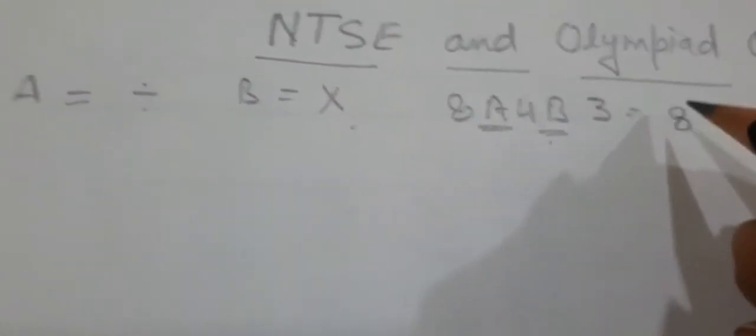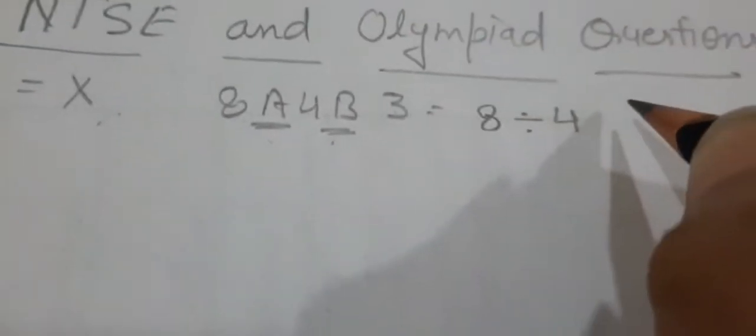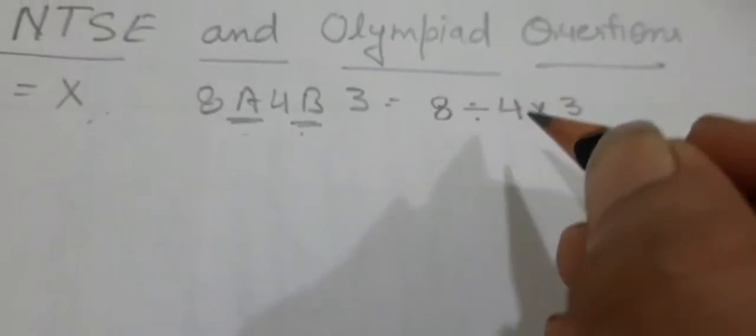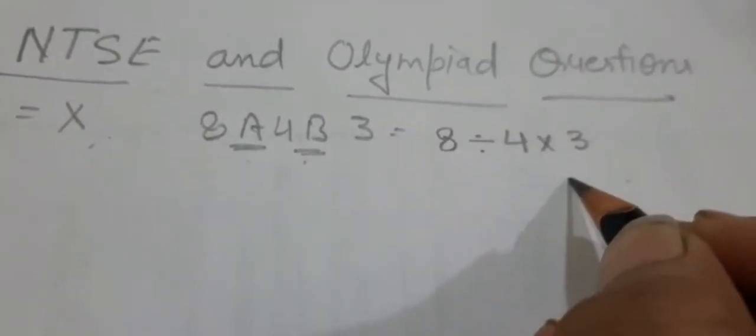So 8A means 8, A means divide. So 8 divided by 4. B means multiply and then 3. So the equation is 8 divided by 4 multiplied by 3.